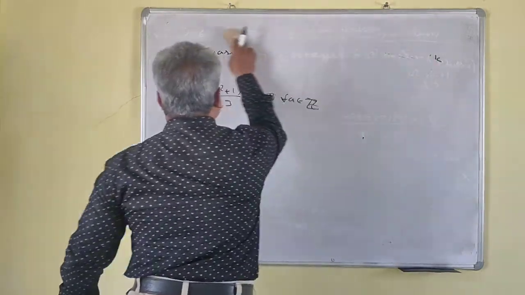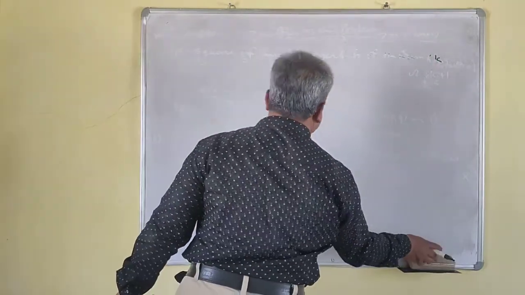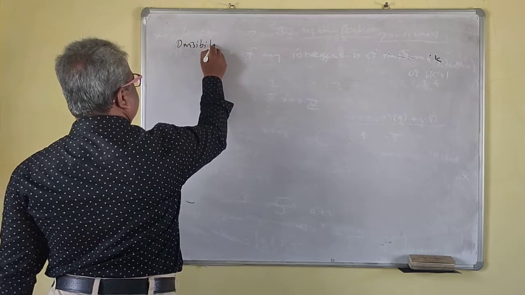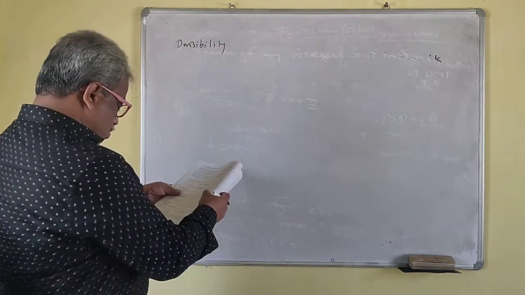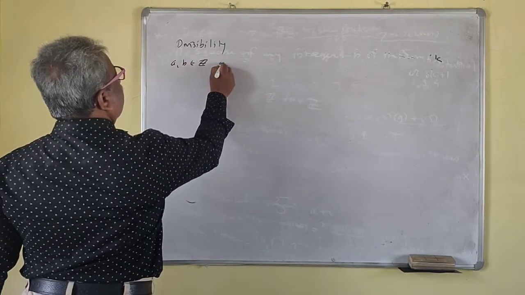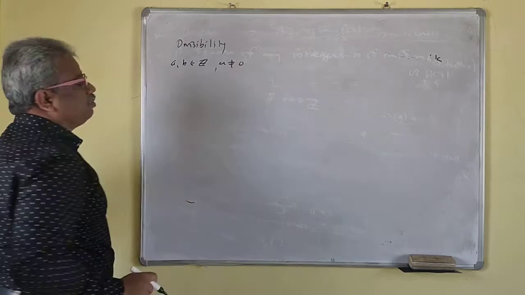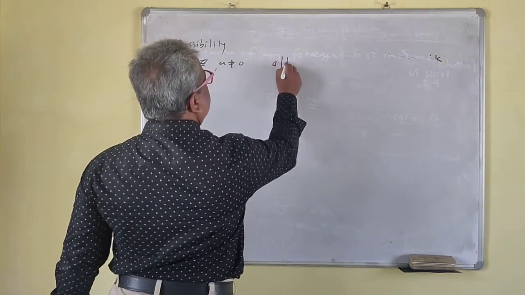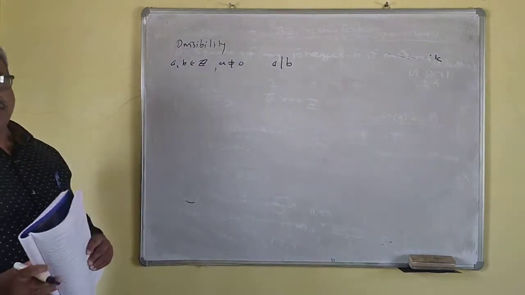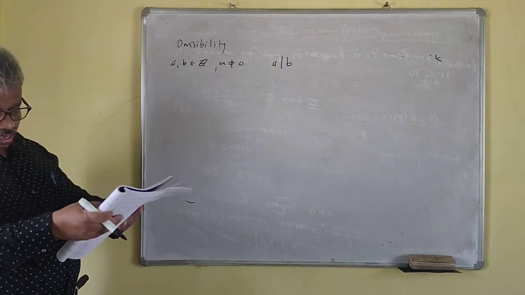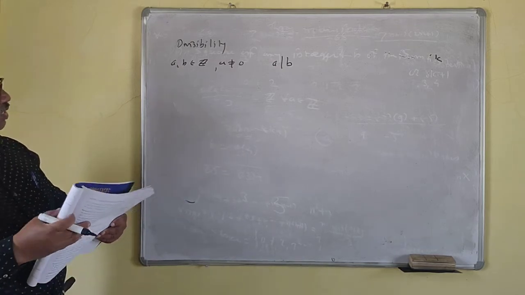Okay. So now, what is the definition of divisibility? This is very important here. Suppose a, b belong to Z, and a not equal to 0 is provided to you. Then a divides b means b is divisible by a.